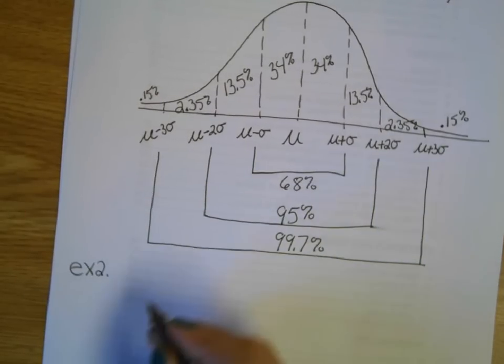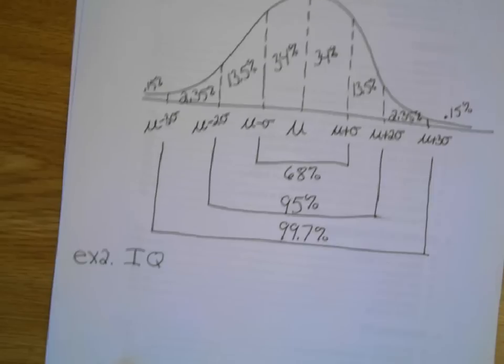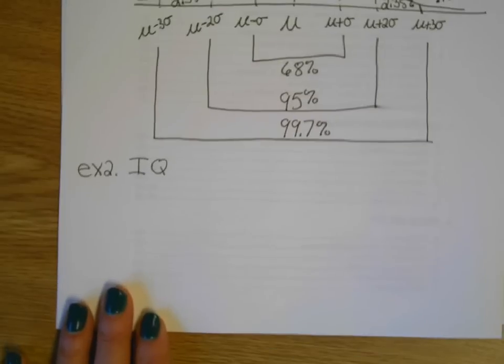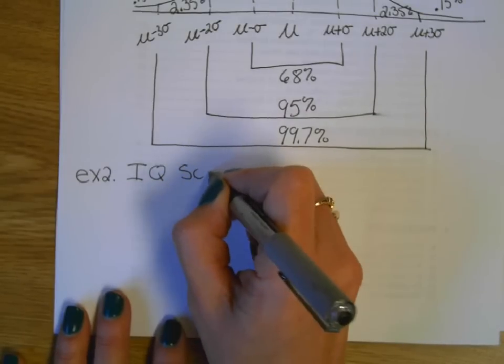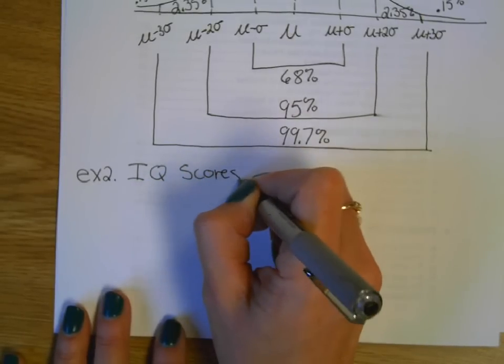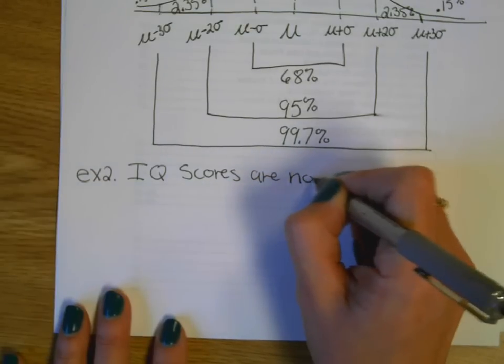Okay, so did you know that IQ scores are normally distributed? Not very big, I'm going to fit it right here. IQ scores are normally distributed.